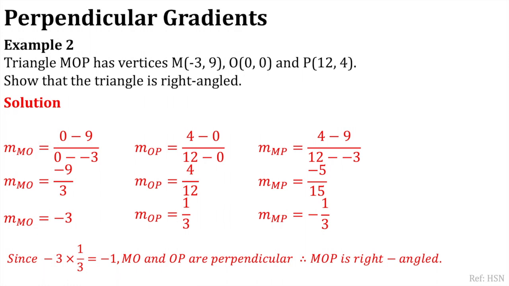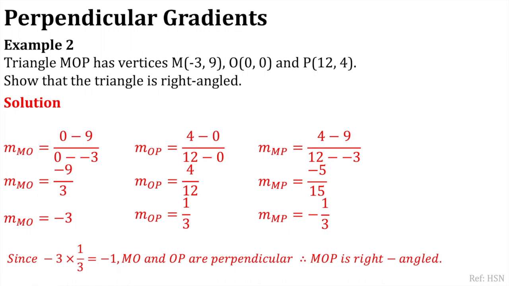It's really important, folks, for this question that we have a statement similar to the one I've got at the bottom here to justify your answer. It wouldn't have been enough here just to write negative 3 multiplied by 1/3 equals negative 1. We need to refer that back to the question and see what that actually means. So we're actually concluding that MOP is right angled.